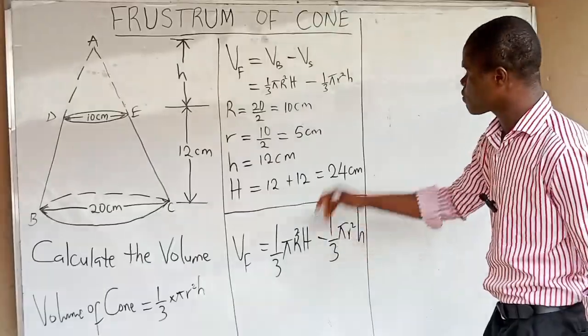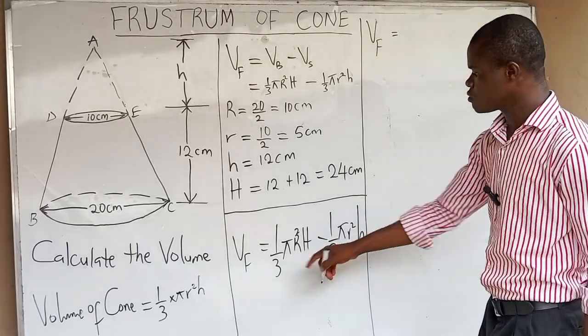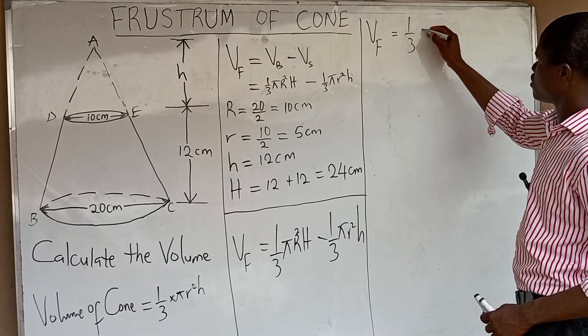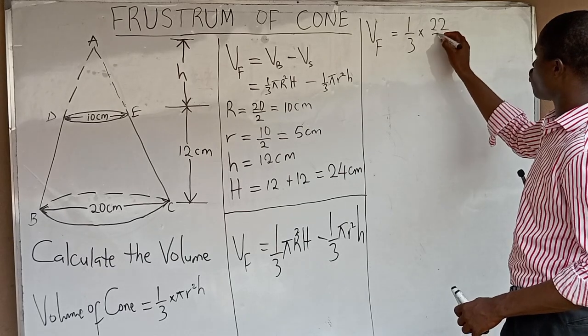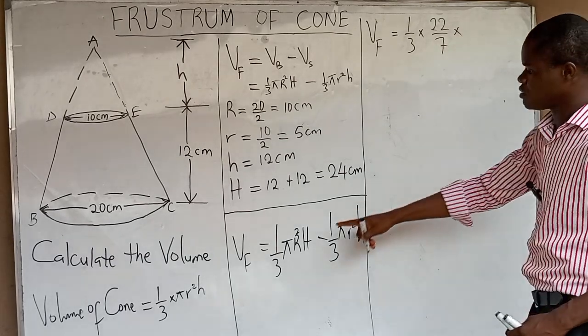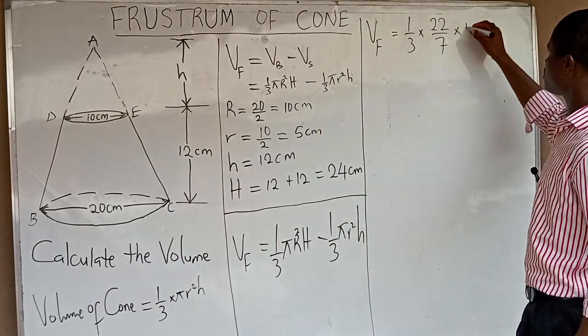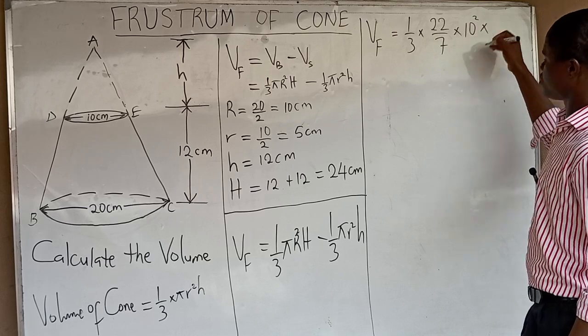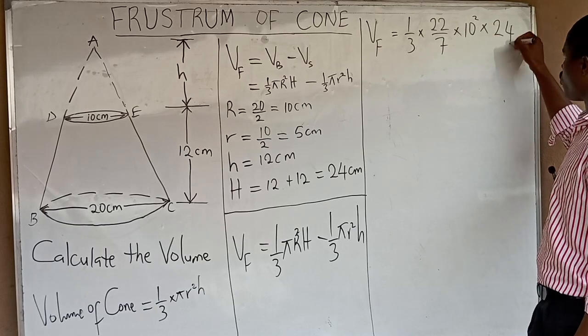This becomes volume of our frustum is equal to 1 over 3 times pi, which is 22 over 7, times bigger R. The big R is what? 10 square times the bigger height. The bigger height is what? 24.